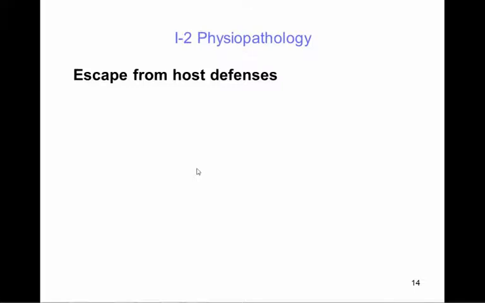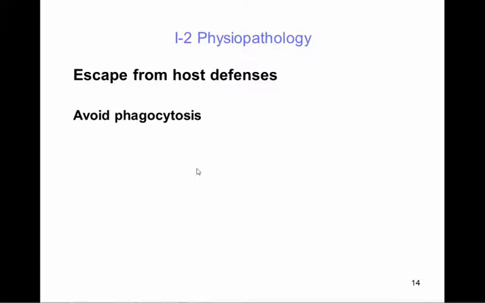Okay, so most bacteria that arrive at a susceptible site will not be able to colonize us because they will be eliminated by host defenses. We'll talk about that in a couple of minutes, but one of the most important aspects of host defense is phagocytosis and destruction of bacteria by neutrophils and macrophages.